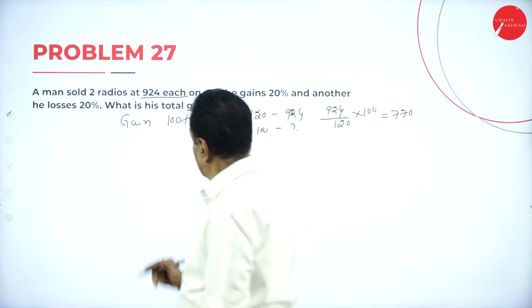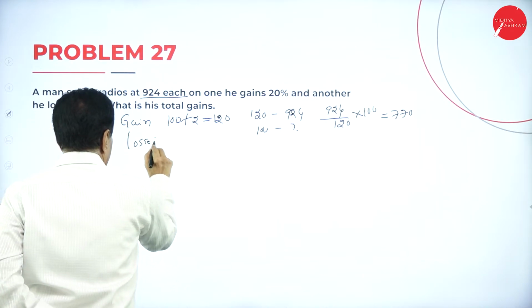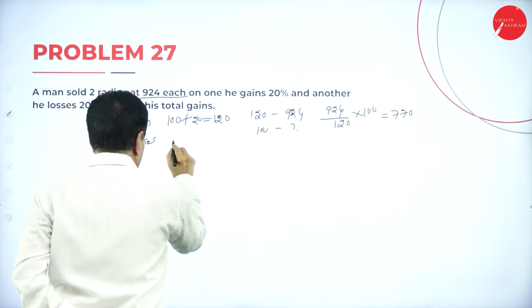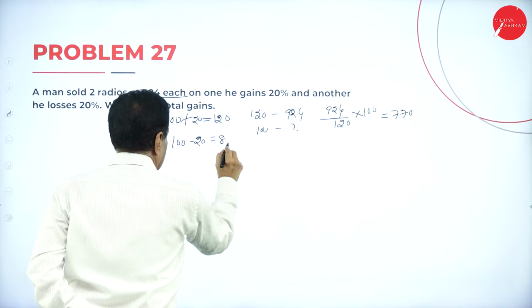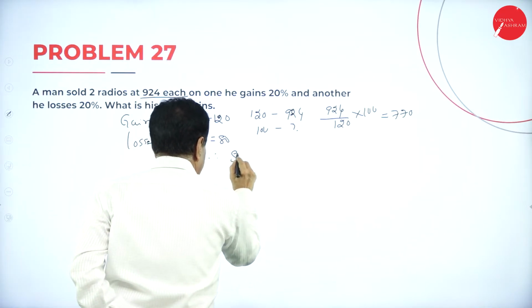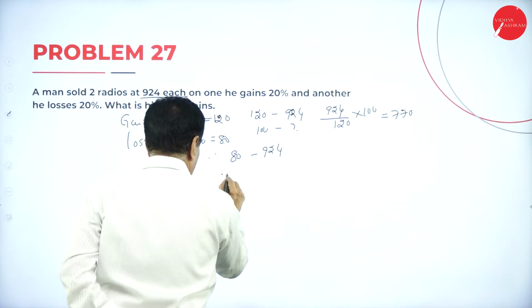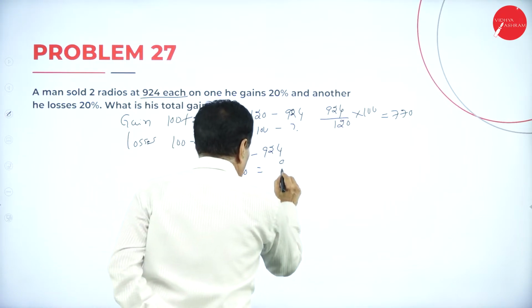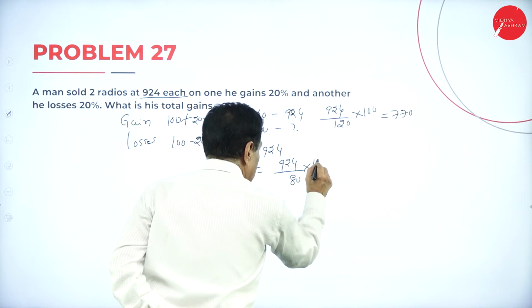Then he loses: 100 minus 20 is 80. Therefore, for 80 it is 924, and for 100 it is 924 divided by 80 into 100.